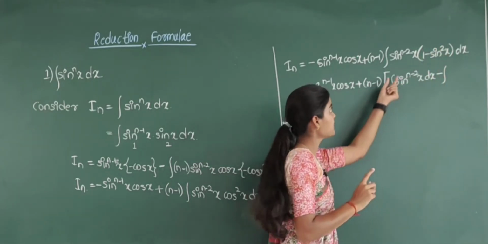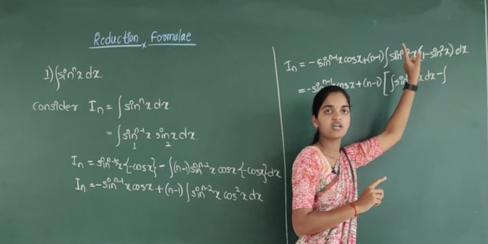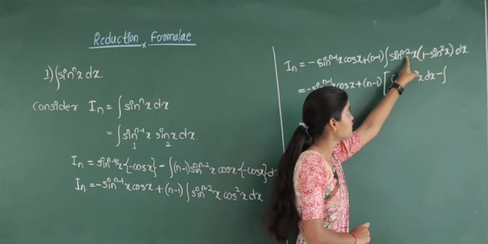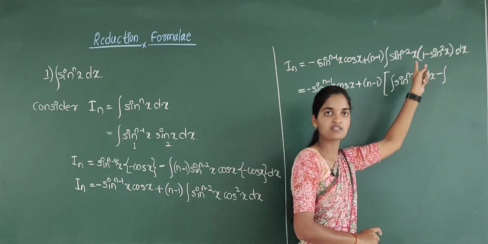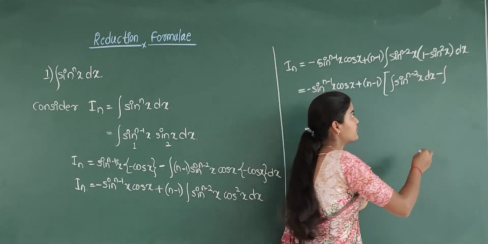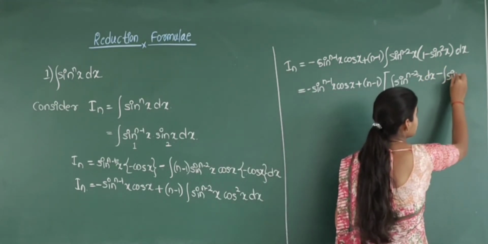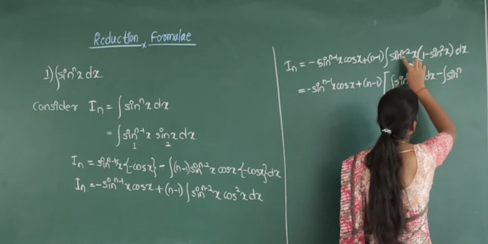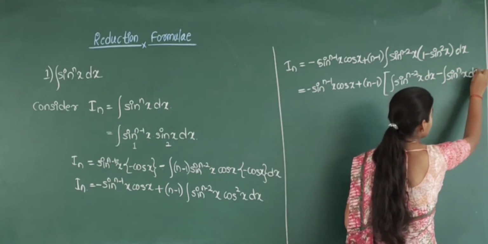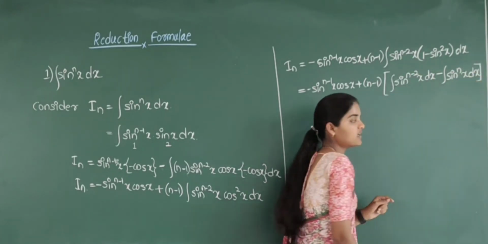Again, the bases are the same, so you have to add the powers. So n minus 2 plus 2, the plus 2 and minus 2 cancel, and the power for sine remains only n, into dx. Here we complete the bracket.